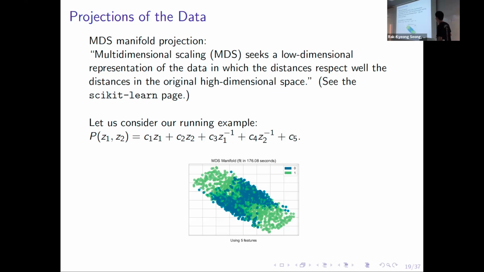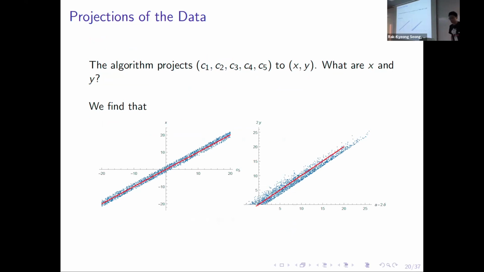They are sort of separated by 2 straight lines as a cross. So we'd like to understand what the machine did, what it projects to. Here are the 2 coordinates, one for the x coordinate and one for the y coordinate.